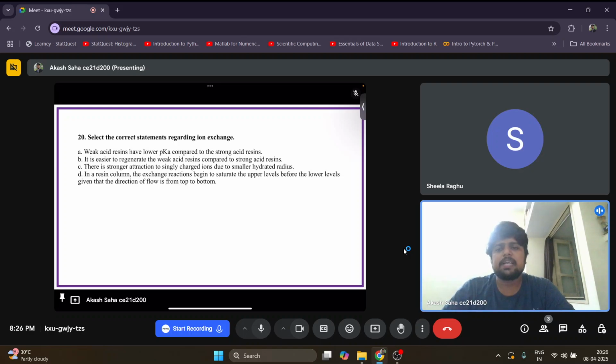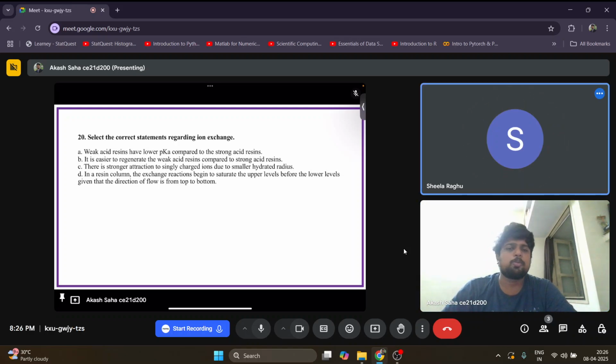There is a stronger attraction to singly charged ions due to smaller hydrated radius. And in a resin column, the ion exchange begins to saturate the upper levels before the lower levels, given that the direction is from top to bottom. Do you have any idea about these? The answer is B and D.